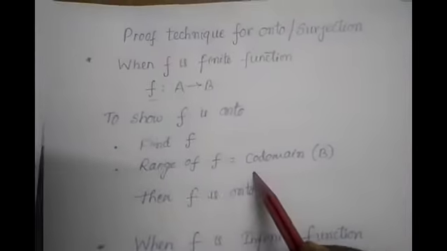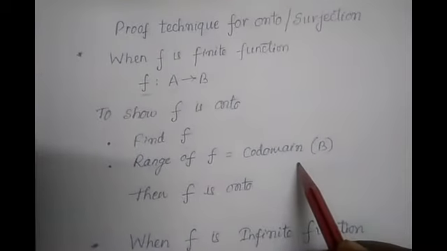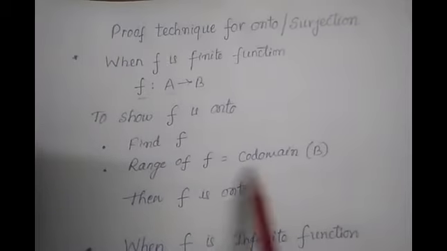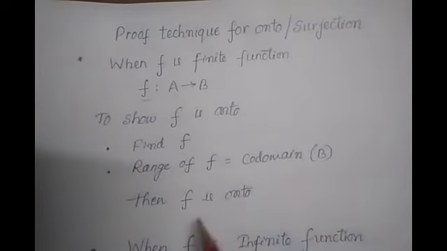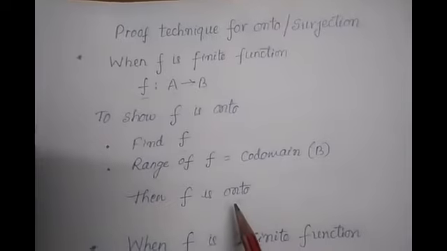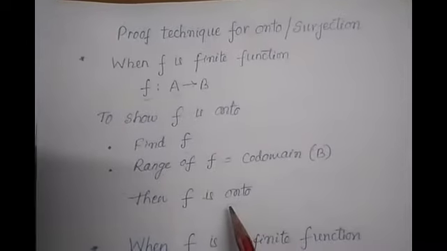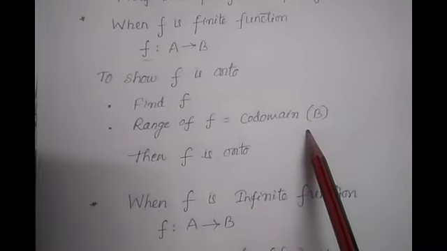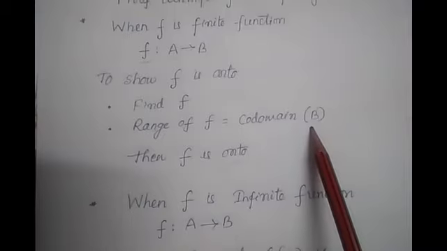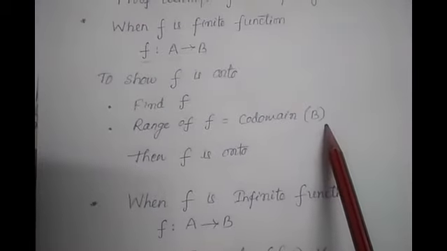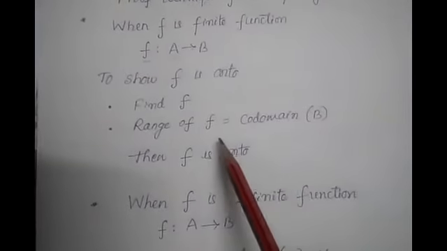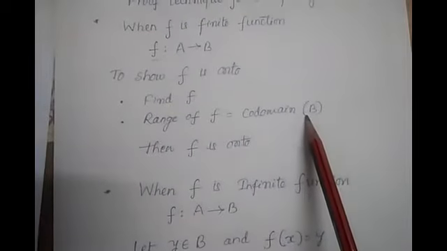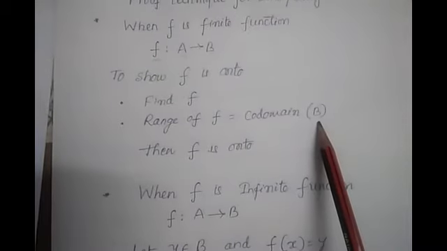If the range of f is equal to the codomain, then f is called an onto function or surjection. That means no element in the codomain is left. In the case where the range of f is equal to the codomain, no element is remaining in the codomain.